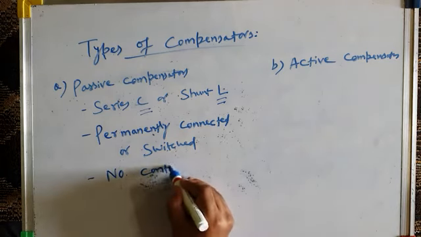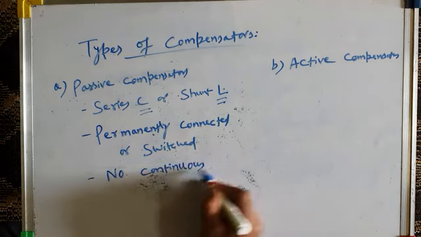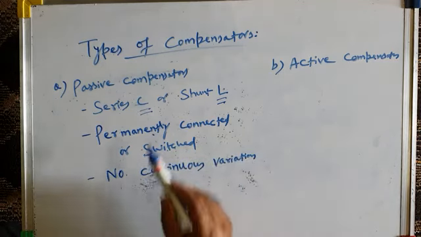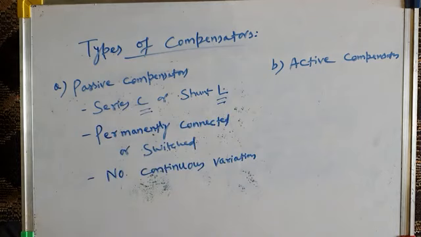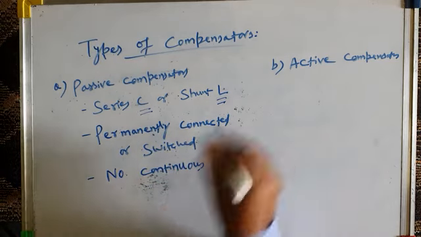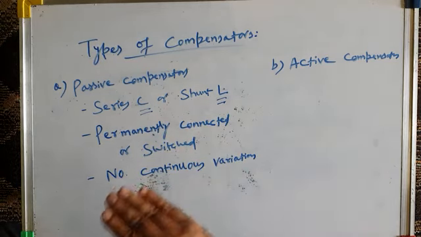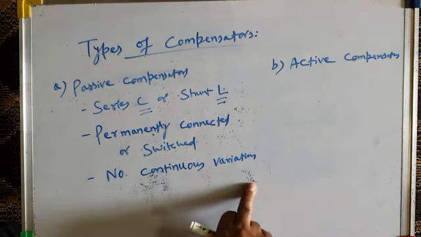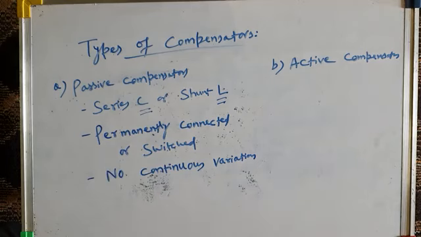Then the third feature is no continuous variation. If you have a C or an L connected in series or across the transmission line, they do not result in smooth and continuous variation of capacitance or inductance. The capacitance or inductance may be added in steps, so continuous variation is not possible with these passive compensators.